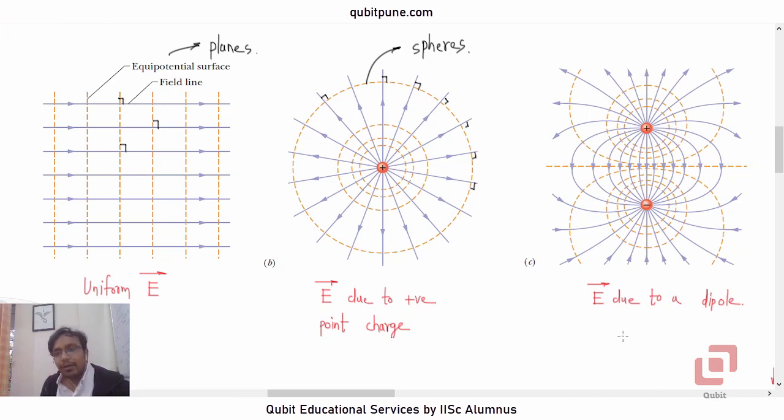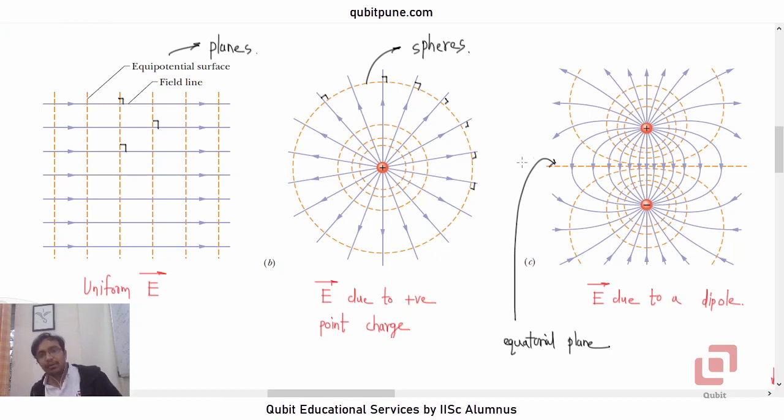Okay, now for a dipole, equipotential surfaces are complicated to visualize in 3 dimensions. They are approximately spherical near the positive and near the negative charge of the dipole, but there is one prominent equipotential surface of a dipole, and that is the equatorial plane. The equatorial plane of any electric dipole is an equipotential surface, and it is the only flat equipotential surface that a dipole has.